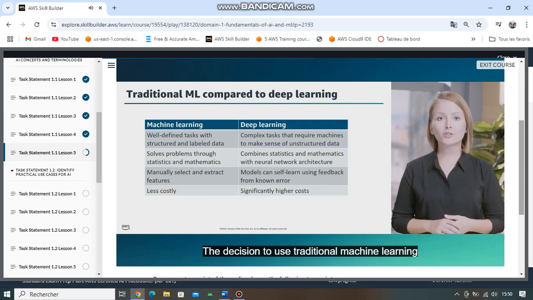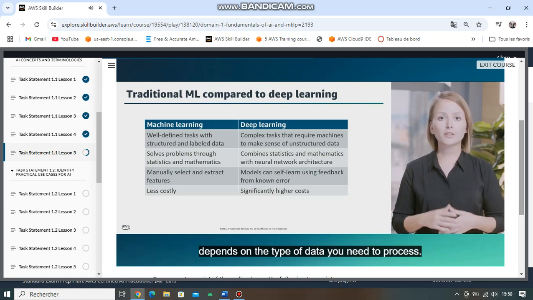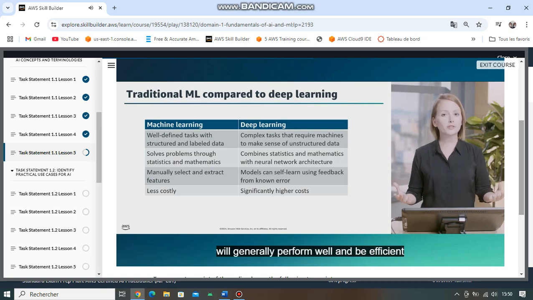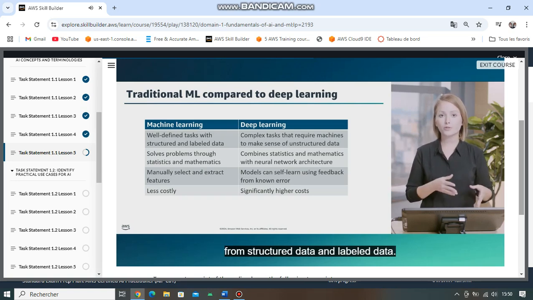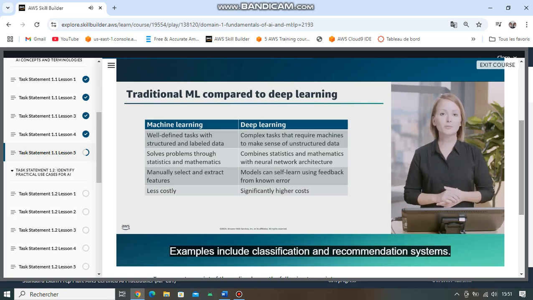The decision to use traditional machine learning or deep learning depends on the type of data you need to process. Traditional machine learning algorithms will generally perform well and be efficient when it comes to identifying patterns from structured data and labeled data. Examples include classification and recommendation systems.